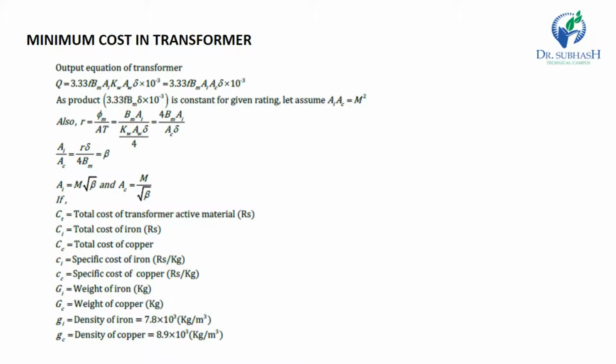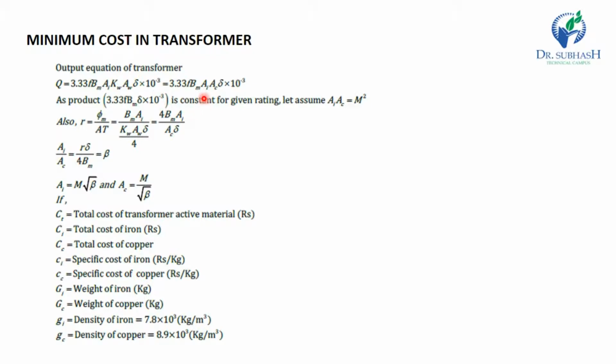Now we find the minimum cost in a transformer. In the previous lecture we found the output equation of transformer, which is Q equal to 3.33 f Bm Ai Kw Aw delta into 10 raised to minus 3.